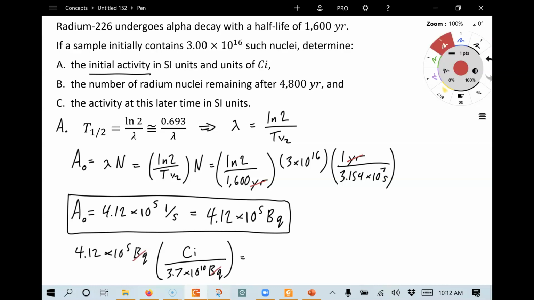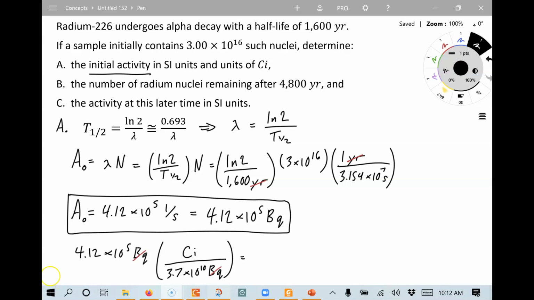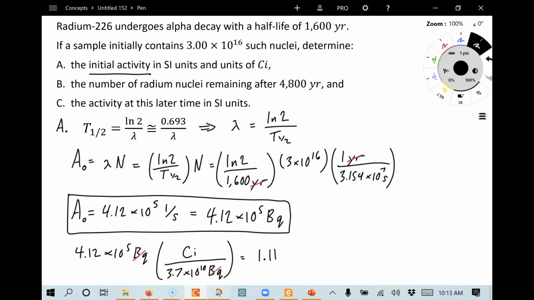And so we convert this to curie, and we get a value equal to 1.11 times 10 to the minus 5th curie.